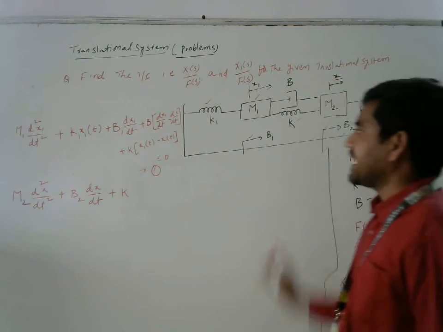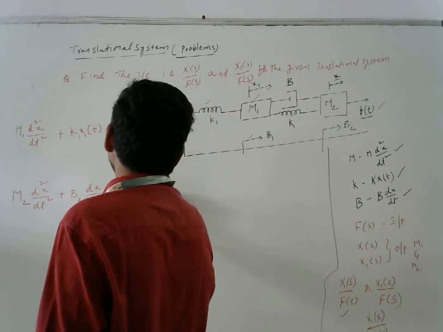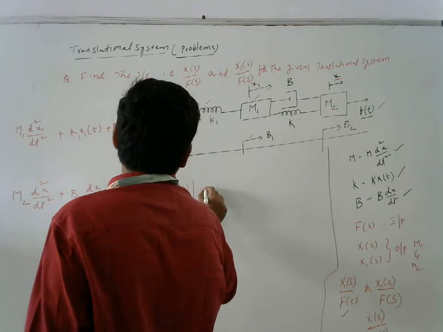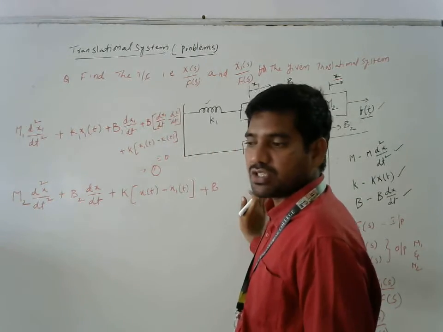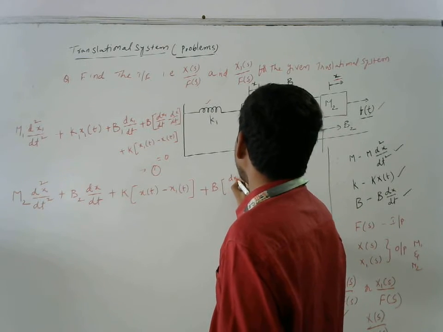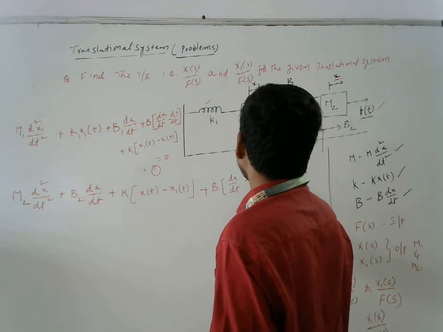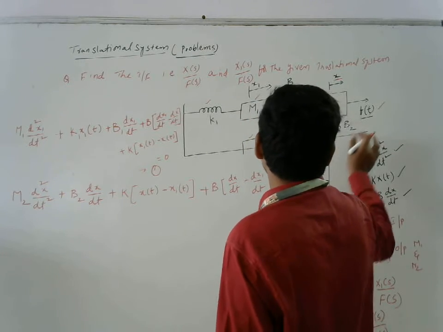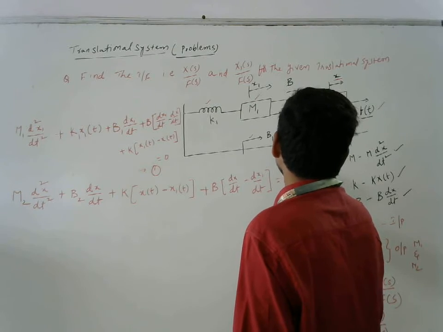The displacement x. That means k into x of t minus x1 of t, plus b into, again b is in between masses m1 and m2. So b into dx by dt minus dx1 by dt, all this will be equal to force f of t.